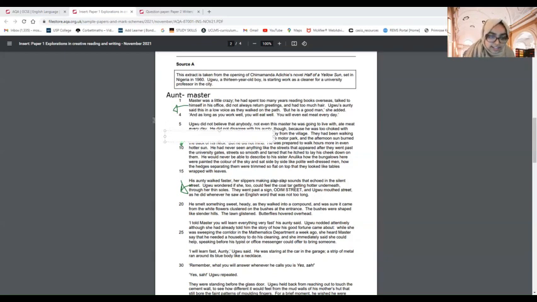So this really is comparing his master's life: master versus Ugwu, luxury versus poverty. See that? So we see that this paragraph is talking about his aunt introducing a master, and then we already have a deeper concept. Once you've summarized a paragraph and written it down, it's going to be a lot easier for you to find that section when you come back to it.